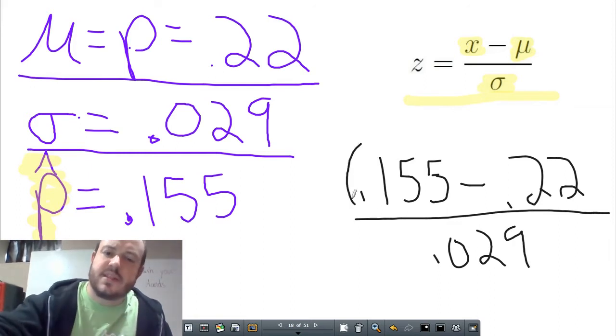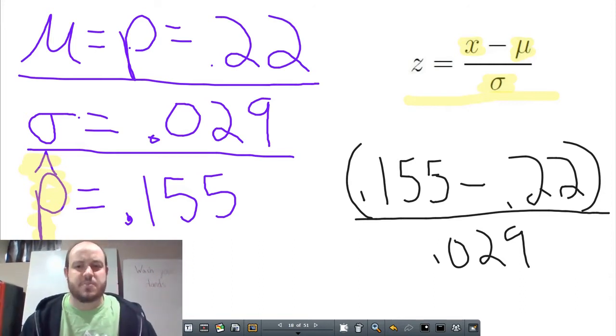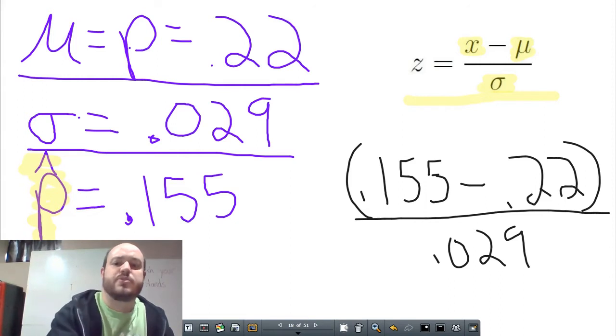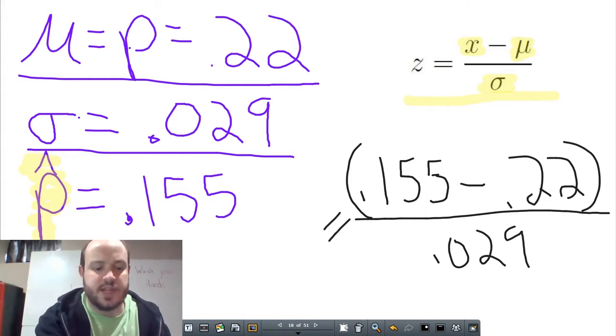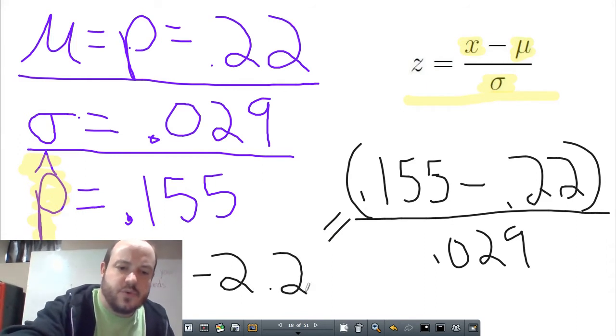Now remember, if you're plugging this into the calculator, you want to make sure to use parentheses on the top or do it in 2 steps. Otherwise, that 0.22 will be divided by the 0.029 and not the whole subtraction at the top. So make sure you either use parentheses in the calculator or do it in 2 steps. And when you do that accurately, you should get negative 2.029.